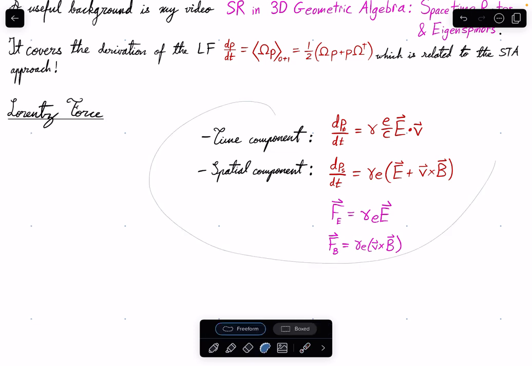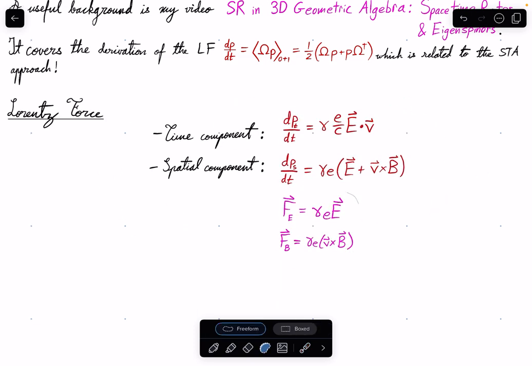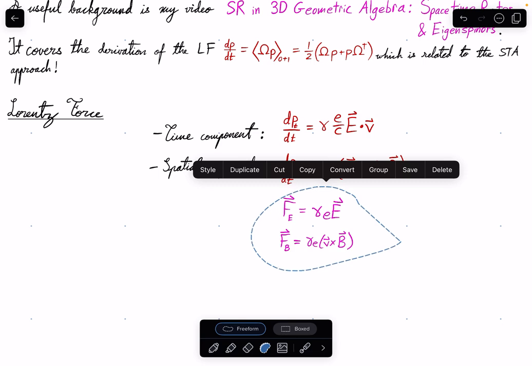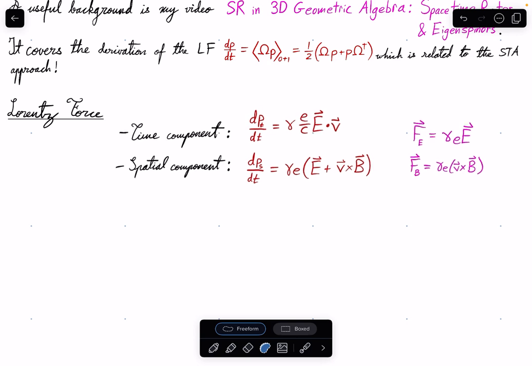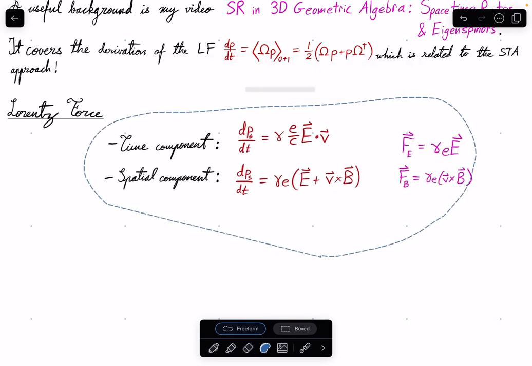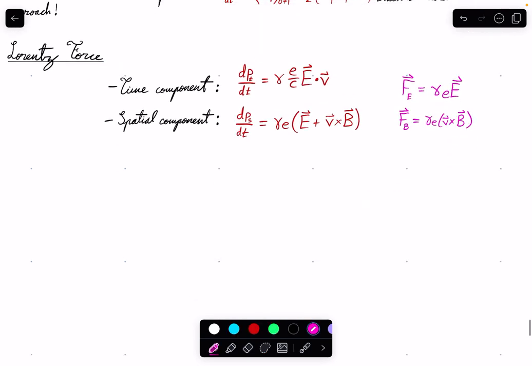But that can all be simplified into one thing. So this is just a 4-vector.